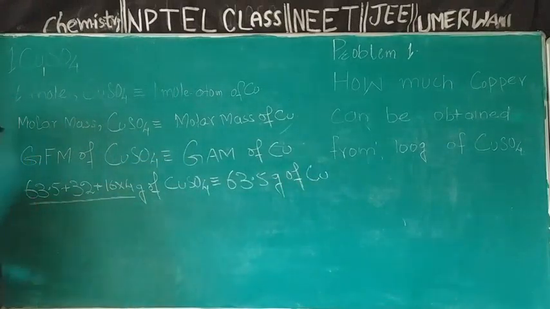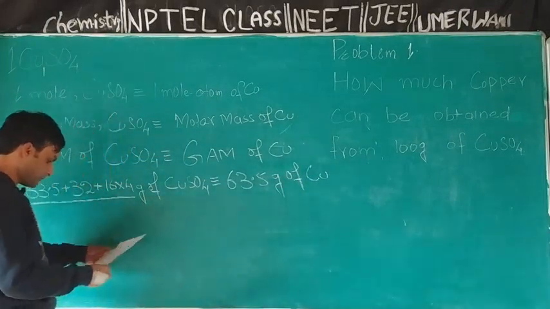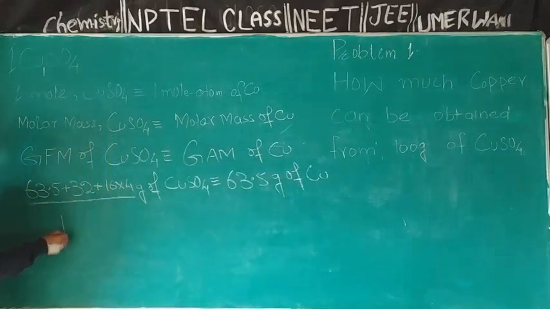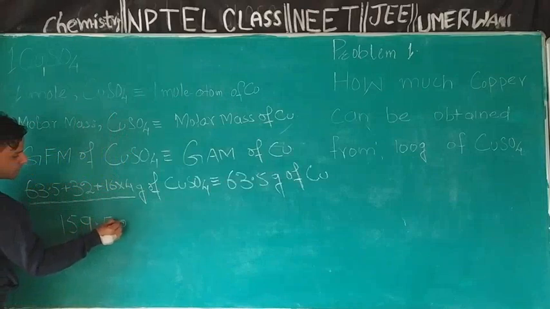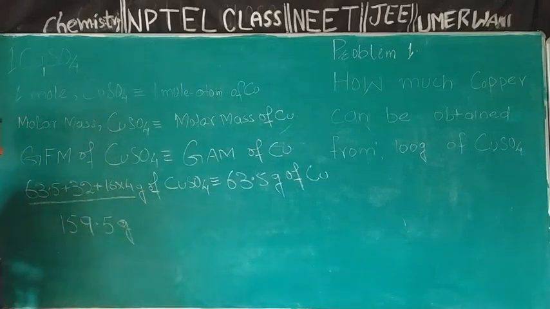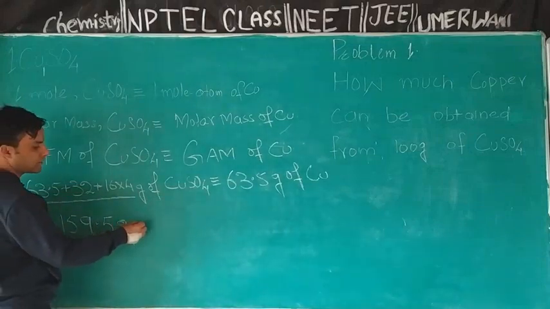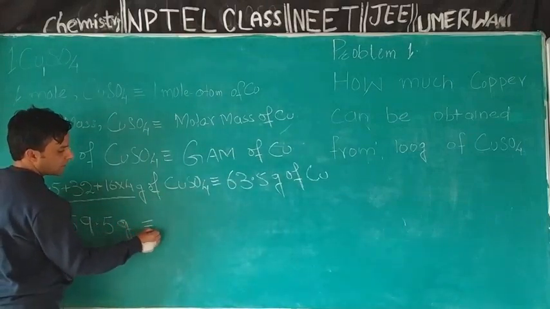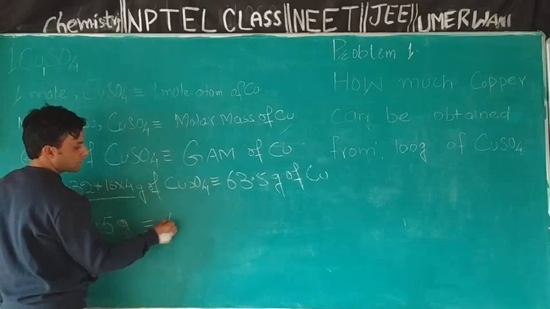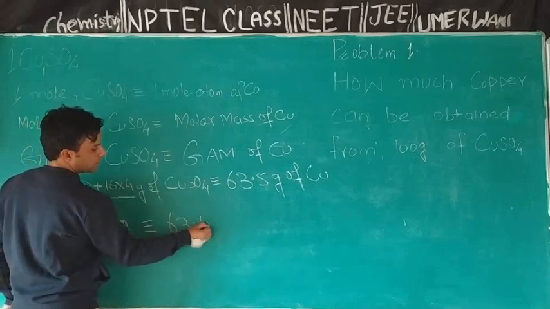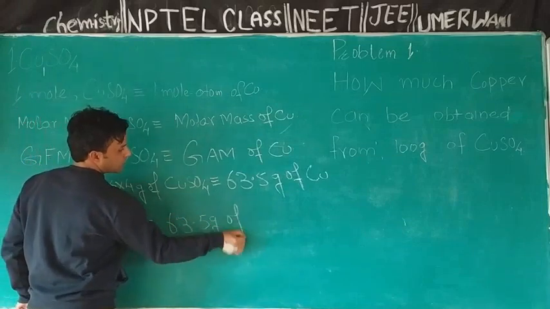These values on addition come equal to 159.5. 159.5 is the gram formula mass of copper sulfate. It is the molar mass of copper sulfate. It is the mass of its 1 mole and it will produce 63.5 grams of copper.